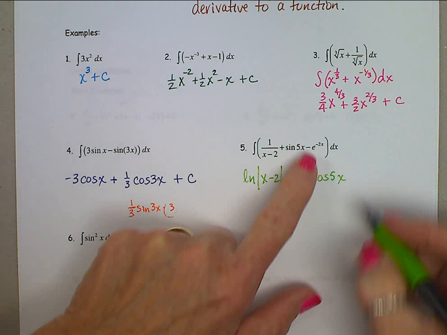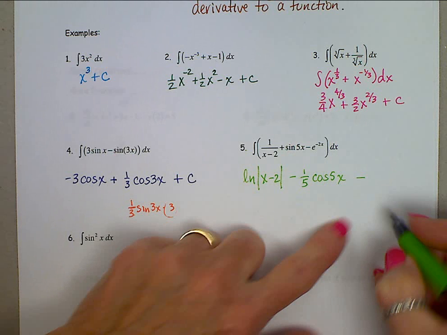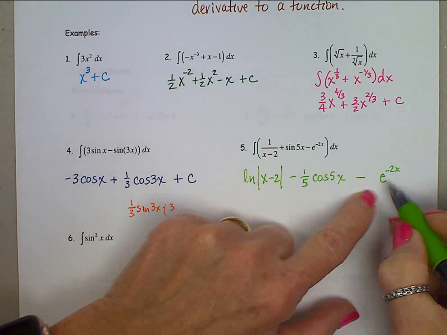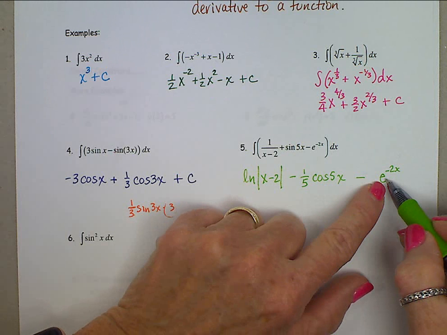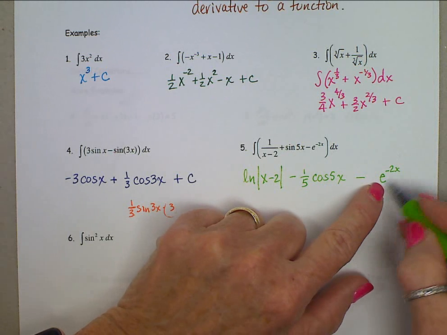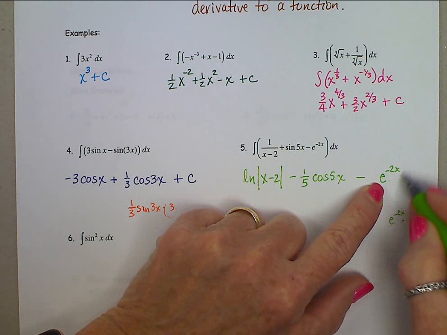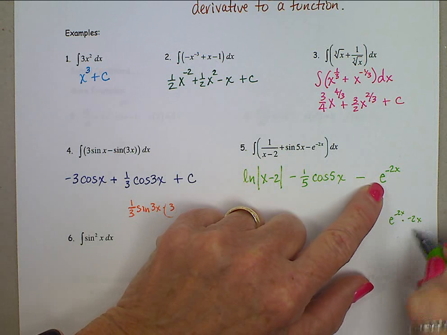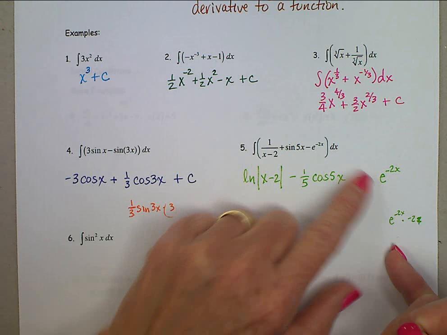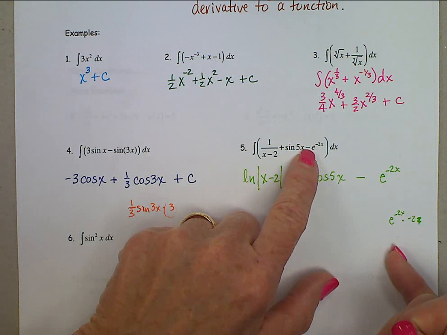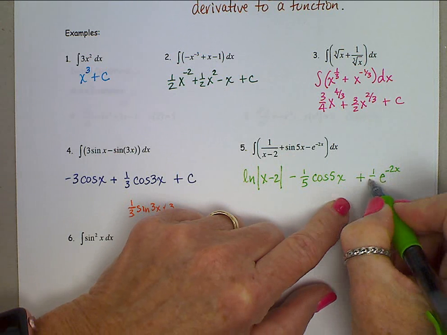And then the antiderivative of this e to the negative 2x. Well, we need that e to the negative 2x, but then remember, when we do that derivative, it's going to be e to the negative 2x times the derivative up here, just a negative 2, but we want this coefficient out here to be a negative, so we're going to need plus half out here.